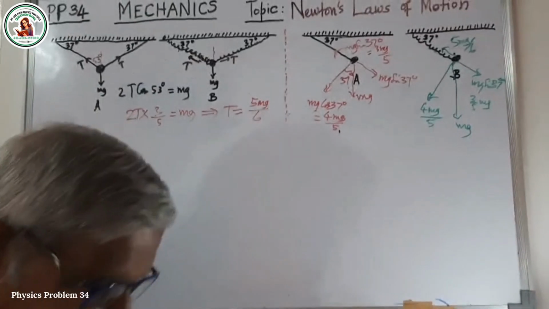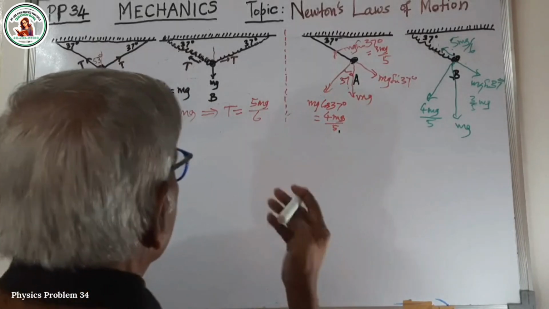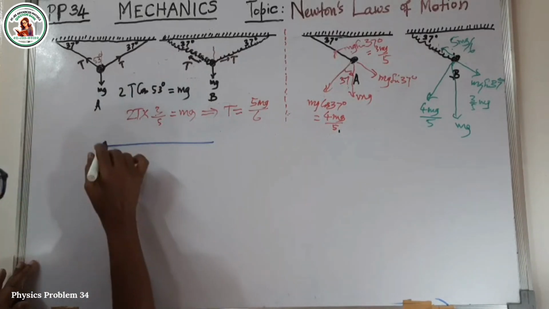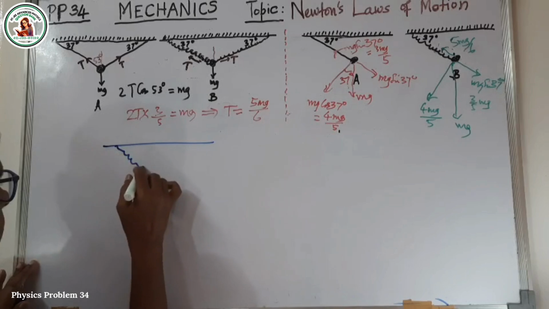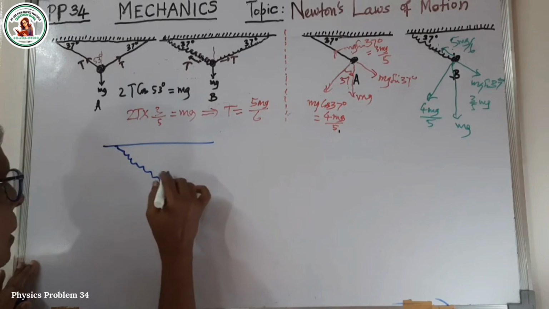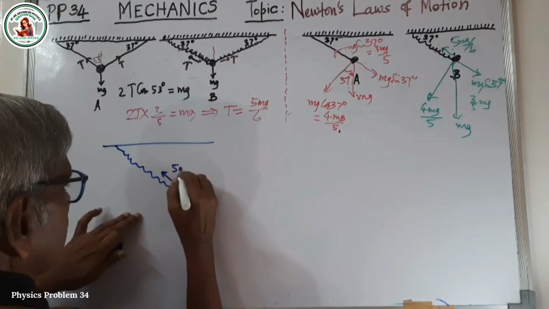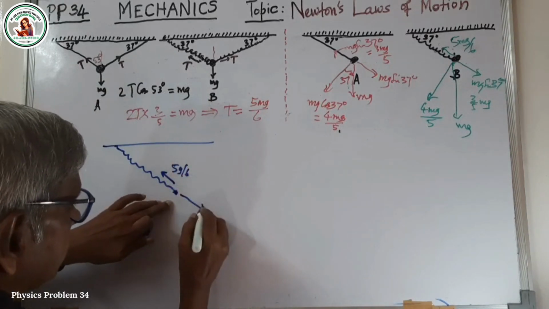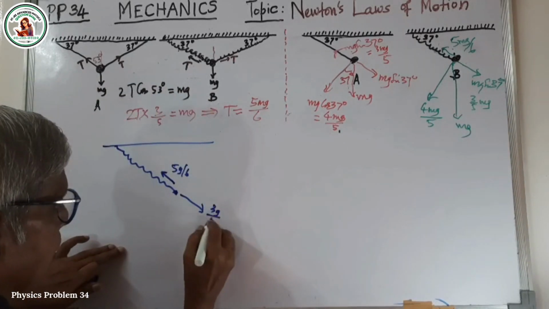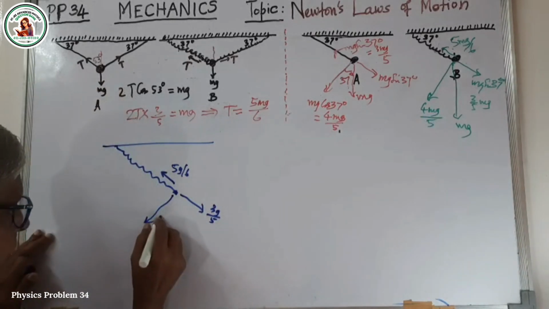I will draw the spring case again for clarity. The ceiling being this, the spring is like this. Acceleration in this direction, divided by m, is 5g by 6. In this direction, divided by m, you get 3g by 5. In this direction, divided by m, you get 4g by 5.